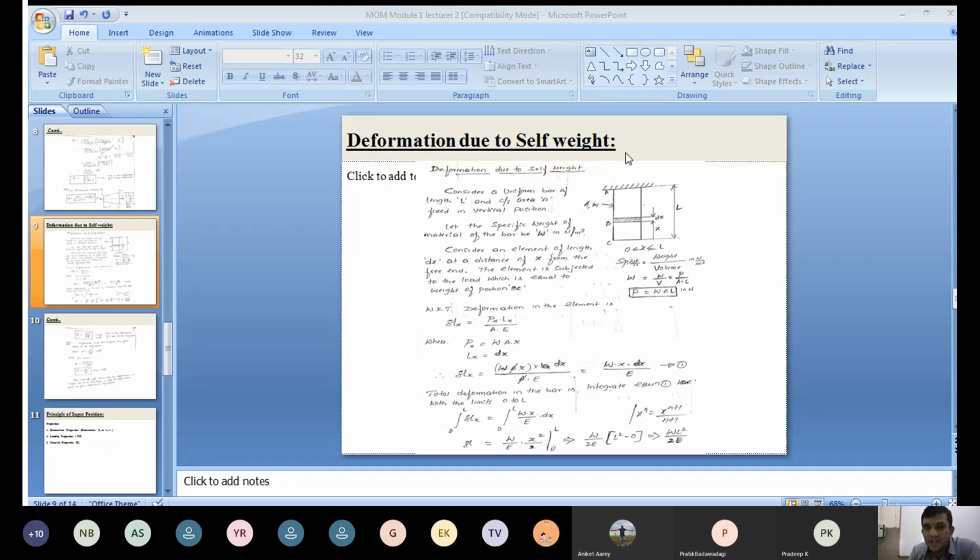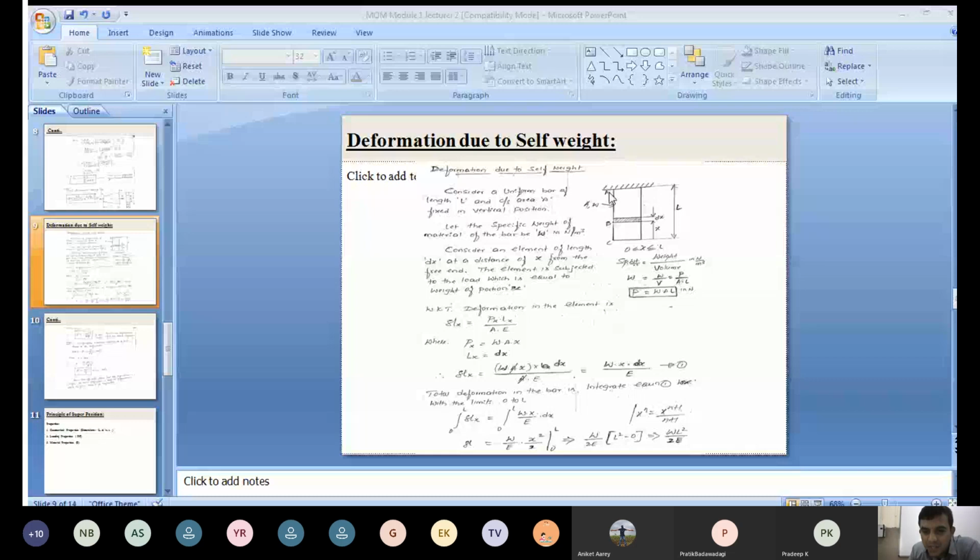For that, we will consider a small element here, of length dx at a distance of x from the free end, right? The element is subjected to a load equal to the weight of the portion BC. Now we'll consider a small element here of thickness dx.